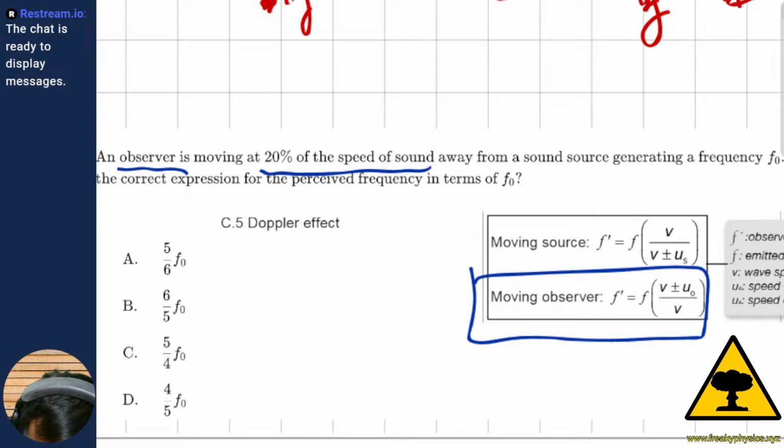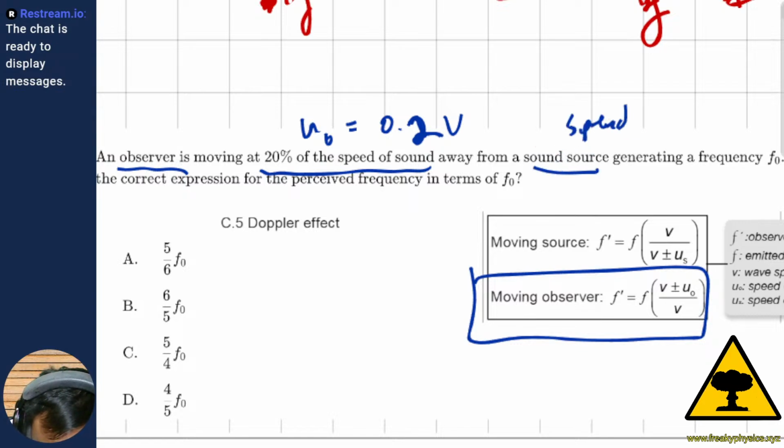In other words, your UO is equal to 0.2 V, and V would be the speed of sound. All we have to do now is plug all of these into the formula.